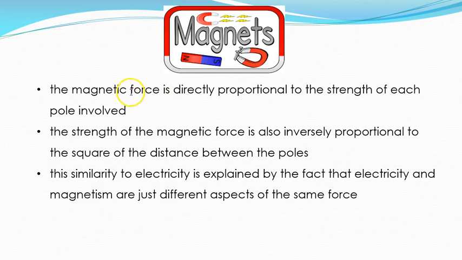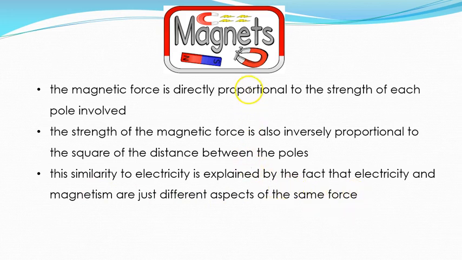The magnetic force is directly proportional to the strength of each pole involved. And the strength of magnetic force is also inversely proportional to the square of the distance between the poles. Does this sound familiar? Well, this similarity to the properties of electricity is explained by the fact that electricity and magnetism are just different aspects of the same force.